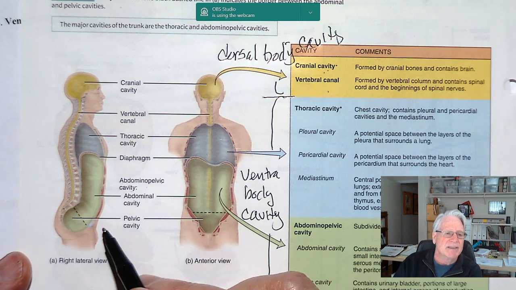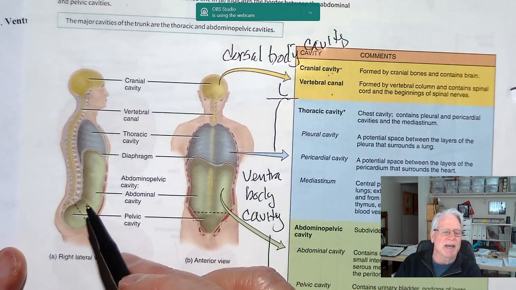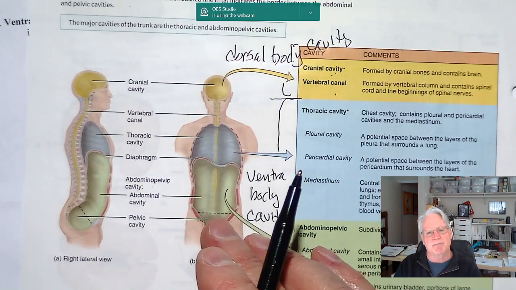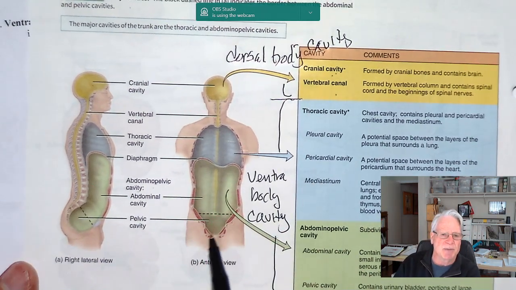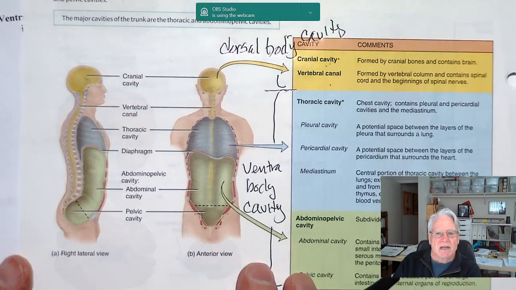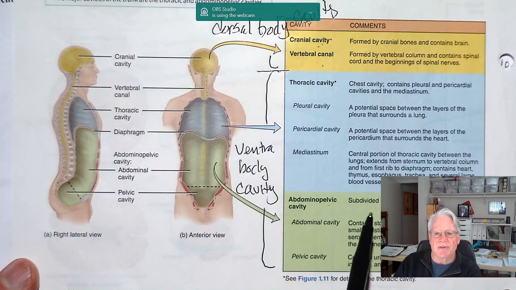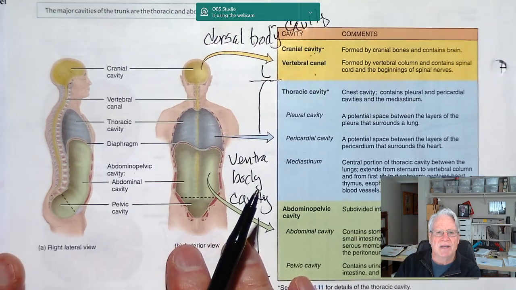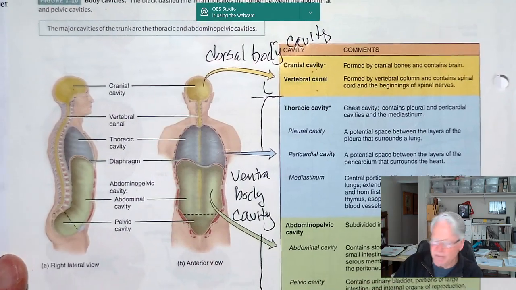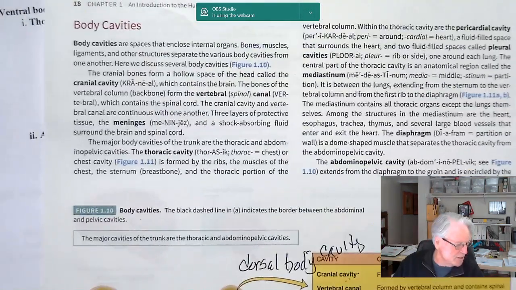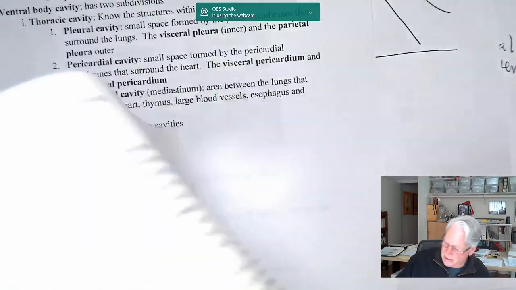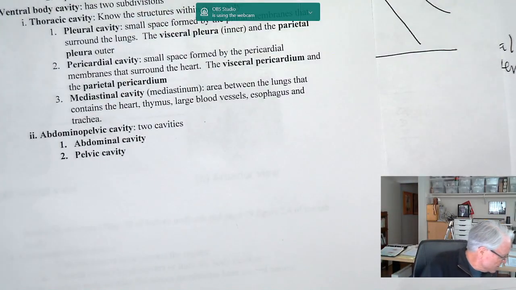Remember, that is produced by having a plane that sits on top of the hip bones, and that produces that space called the pelvic cavity below the upper edge of the hip bones. Is this space right here? Okay, and you can see the various organs that are contained in each of those spaces. Okay. The thoracic cavity is subdivided, and a better image to see that is right here.